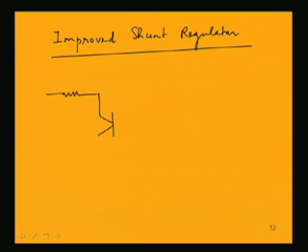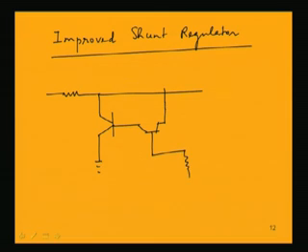We have two transistors, they are connected as shown here. We have a Zener diode also. The load resistance RL, this is V naught.